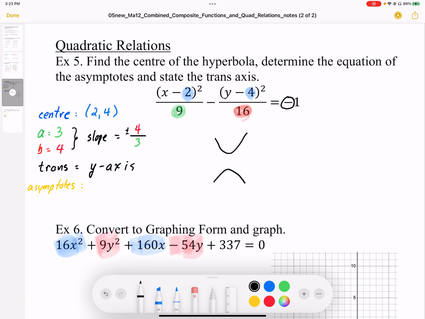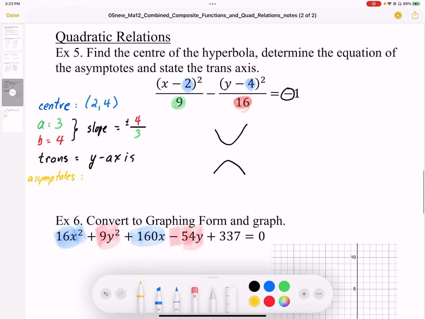And then lastly, to work out the asymptotes, we know that the asymptotes are going to be based on y equals the slope and a point. So I'm going to put this in point slope form. So it's going to be 4 over 3, and then I'll just use the center point as the coordinate that I'm going to use for that equation.